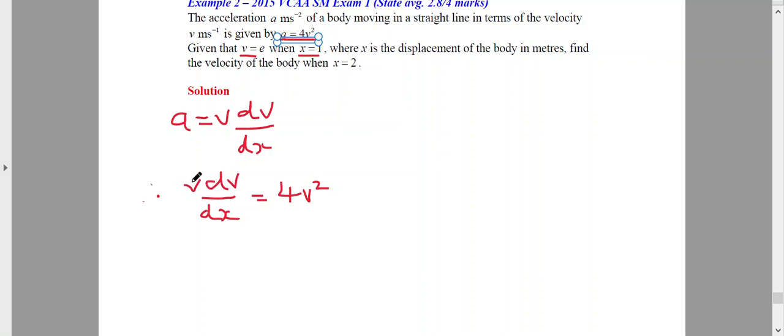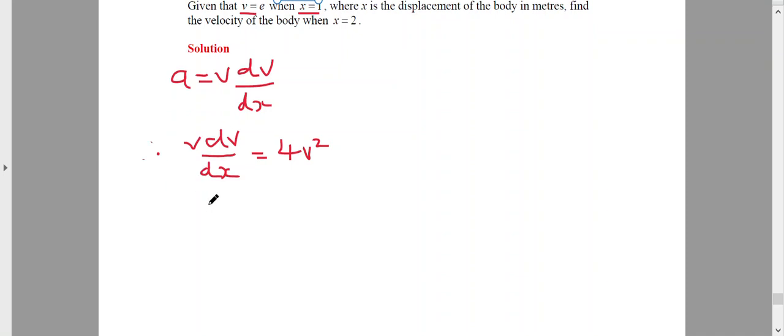Here I'm going to divide both sides by v. I'm going to get rid of this v in front of the dv dx by dividing the left side by v and the right side by v. So I will get dv dx equals 4v.